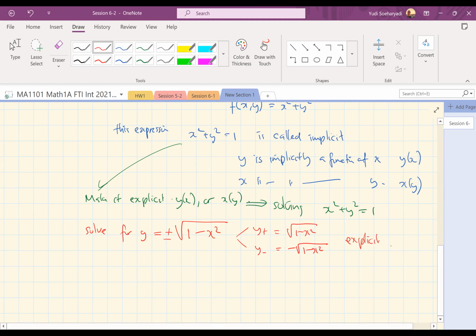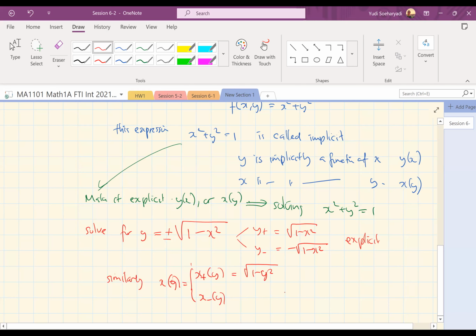This is explicit: y as a function of x. And similarly, you have also x as a function of y, x plus or minus the square root of something in y squared.